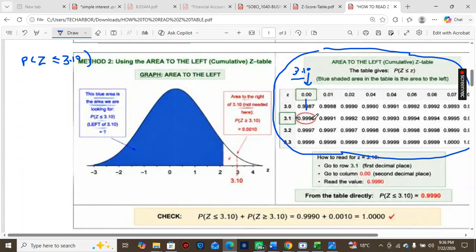So your answer for that question is that the probability that Z is less than or equal to 3.10 is 0.999. There's a probability of 99.9% that Z is less than 3.1. Now, they haven't given us context of what Z is and what the 3.1 is, but the probability is 99%.